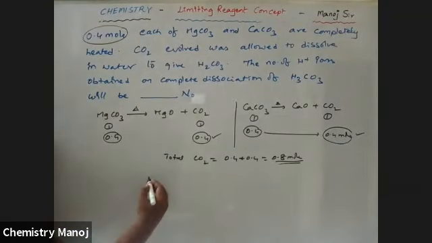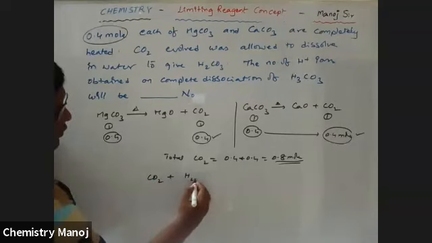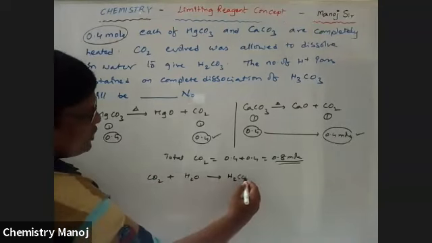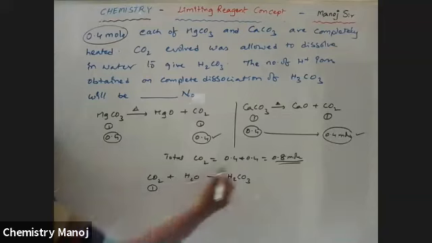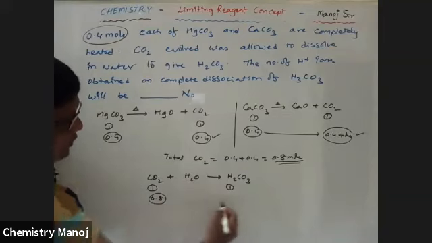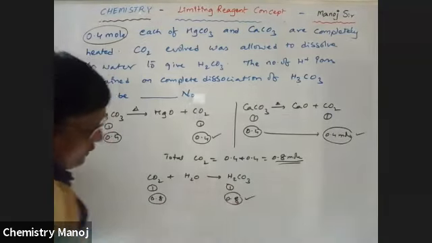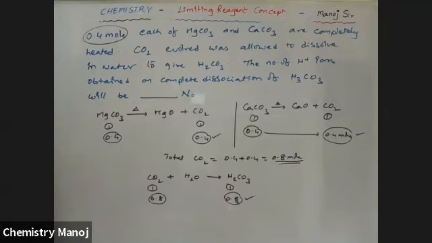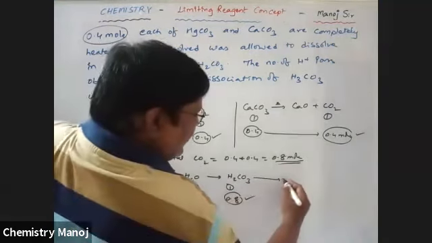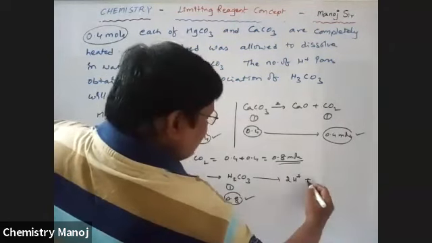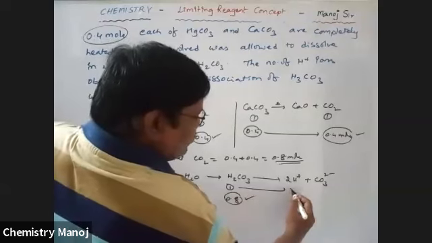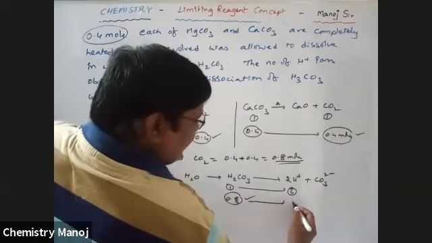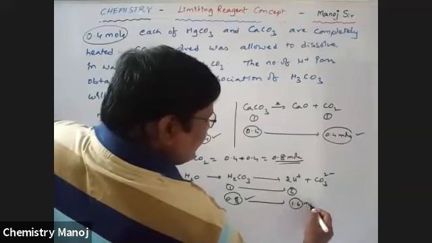Now that liberated CO2 dissolved in water gives H2CO3. That means 1 mole gives 1 mole H2CO3, so 0.8 moles gives 0.8 moles H2CO3. This H2CO3 breaks down as 2 H plus ions and CO3 2 minus ion. This means 1 mole gives 2 moles H plus ions, so 0.8 gives 1.6 moles H plus ions.